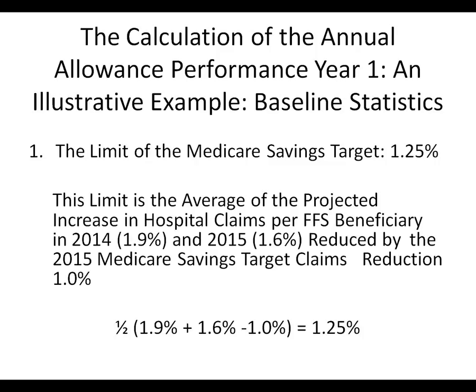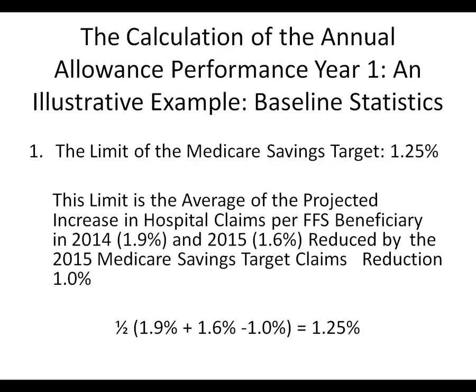So in the example that I'm developing, I'm using an assumed rate of increase in fee-for-service hospital claims per fee-for-service beneficiary of 1.25%. This is not especially conservative, but as I said, I'm just trying to illustrate the approach, not propose specific statistics.